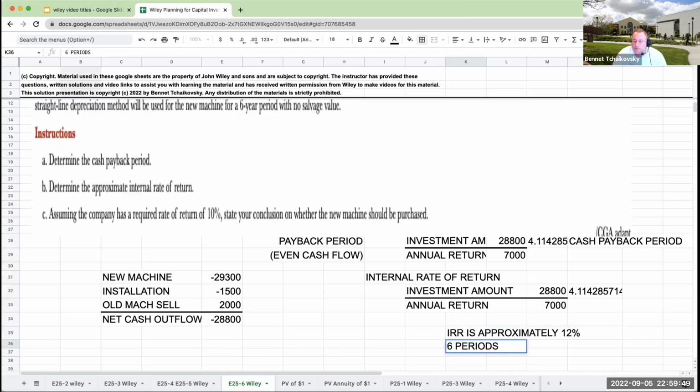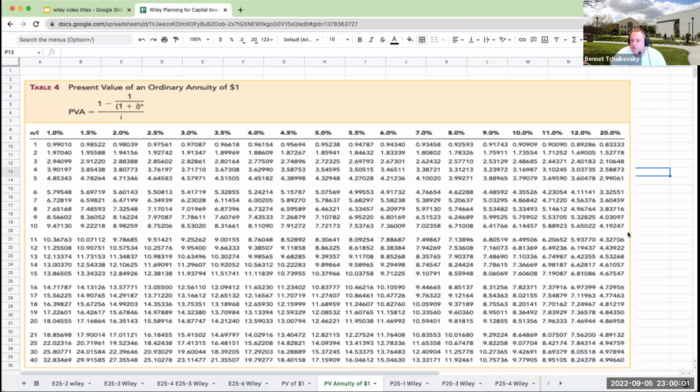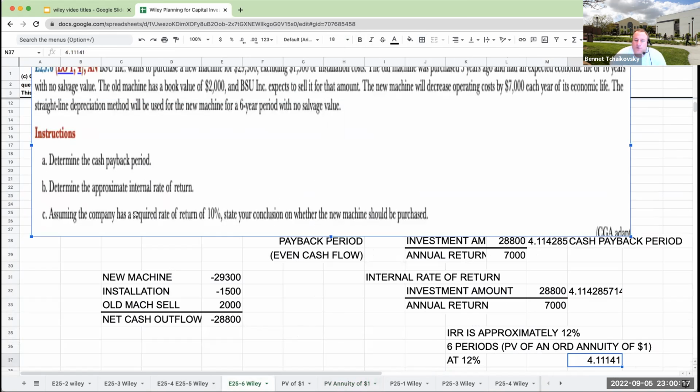With 6 periods, 4.11141 is very close to this number here. So it's approximately 12%. Assuming the company has a required internal rate of return of 10%, state your conclusion: should it be purchased?